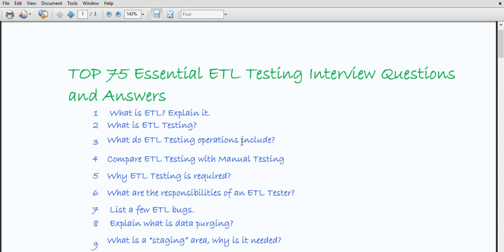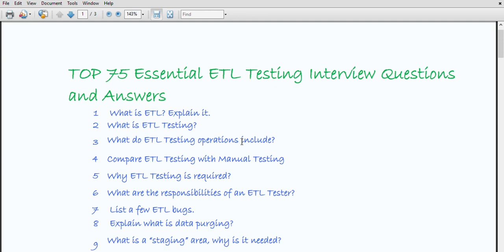Then you are verifying that the data loads within the expected time frame, and that the application reports any invalid data and replaces it with the default value. These are some verifications, or you are making sure whether it is happening or not. These are some operations included in ETL testing.